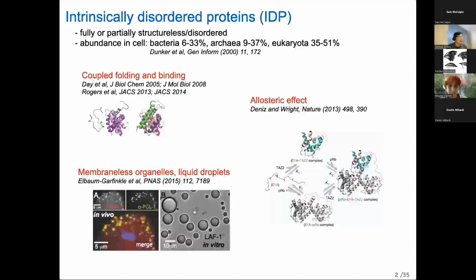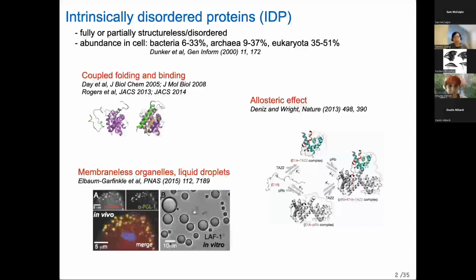And lastly, and this is the topic that has gotten a lot of attention for the last couple of years, which is the formation of membraneless organelles and also the liquid droplet. Usually, there are many labs that see very nice droplets. Their main component is the disordered protein, and they look really like liquid, and they can do fusion.